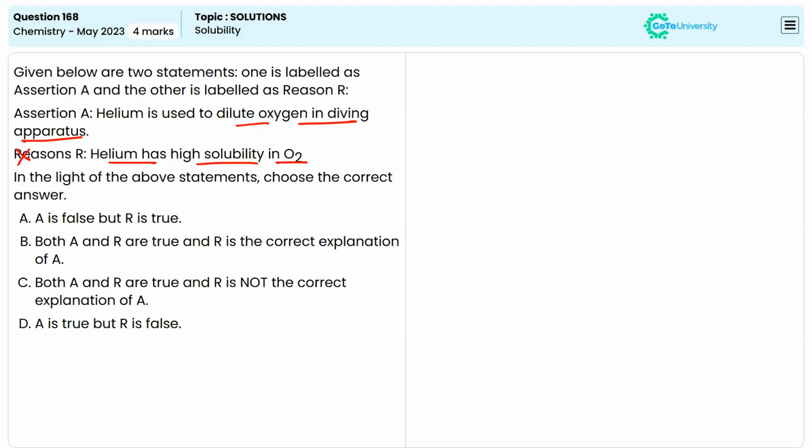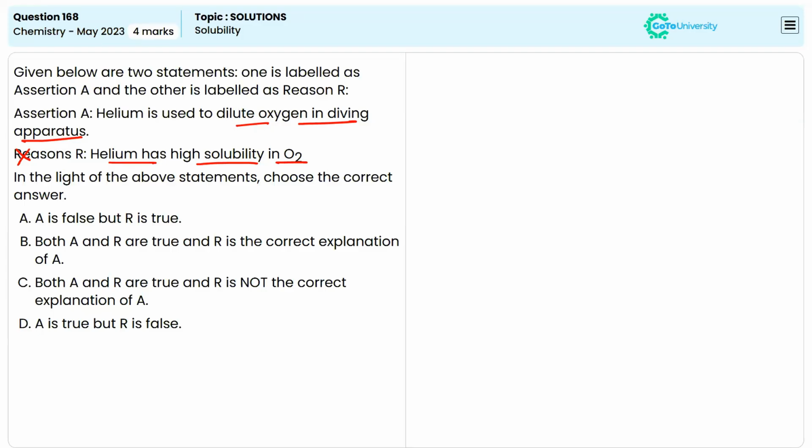It is poorly soluble. That's why it is poorly soluble in blood, and that's why it is utilized as a diluent for oxygen in modern diving equipment. So this second one is not the correct answer.